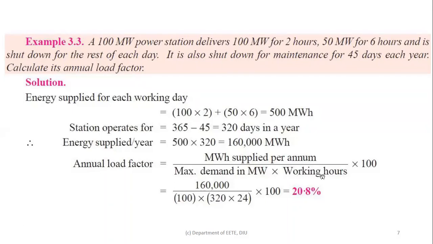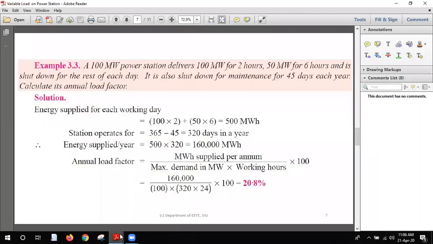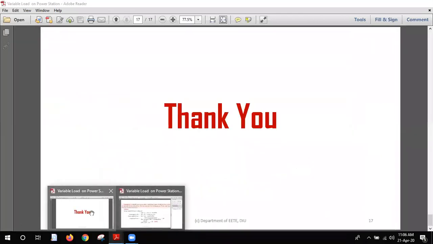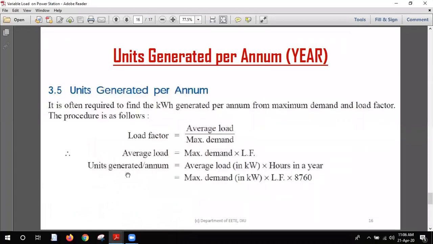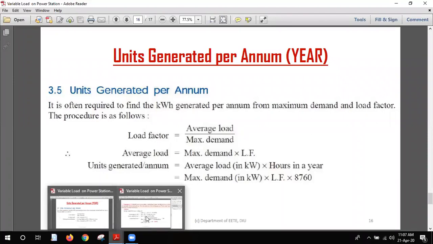You may get confused, so let me show that equation one more time. The units generated per annum equals maximum demand into load factor into 8,760 for 1 year. If we take the load factor to this side and these two values to the other side, it will be units generated divided by maximum demand into 8,760 if it is running throughout the whole year. So this equation has been modified here.